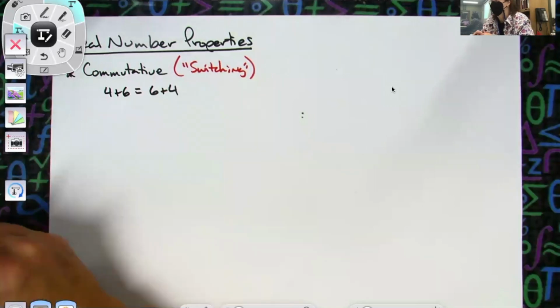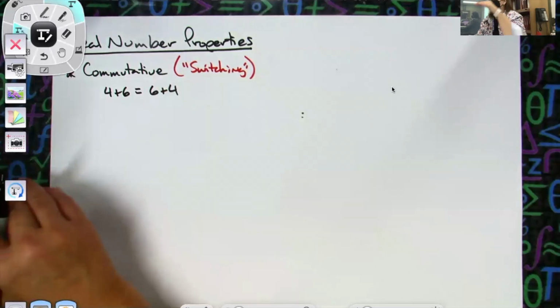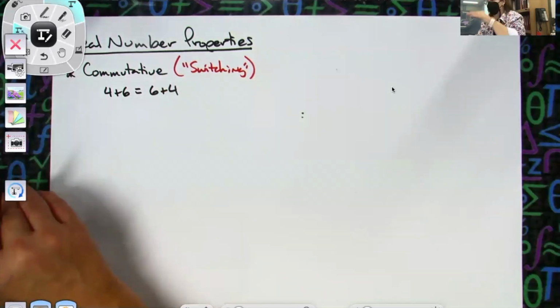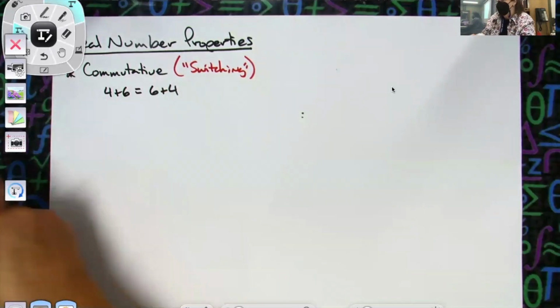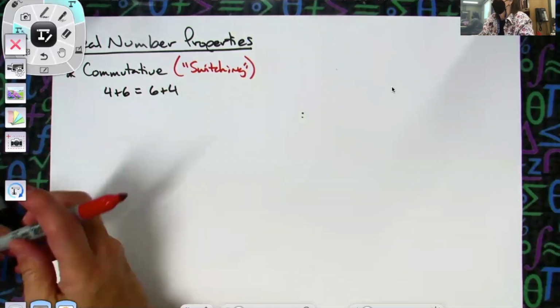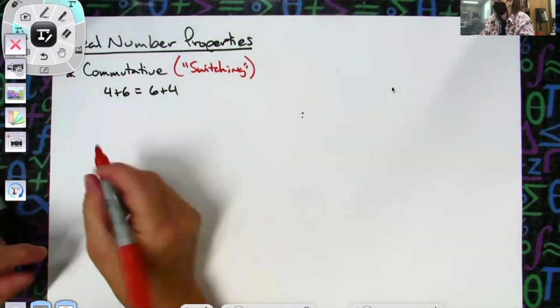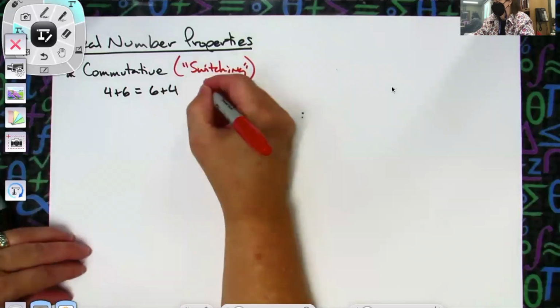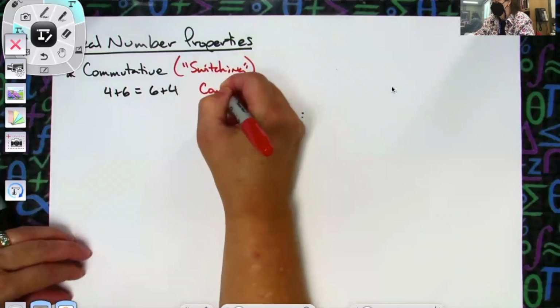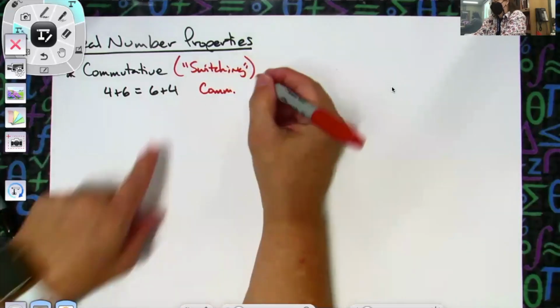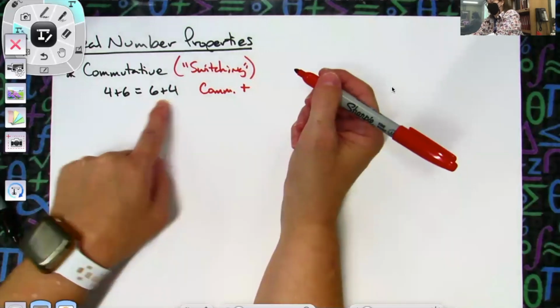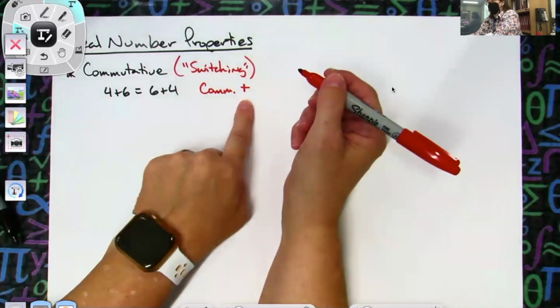When you do this in MyMathLab, it literally will write the entire title out for you. It's going to say commutative property of addition. On your homework, if you've got to write down on your paper what property that is, I will let you write commutative and abbreviate it, and then put a little plus sign after it, because then that's telling me it's a commutative property of addition.